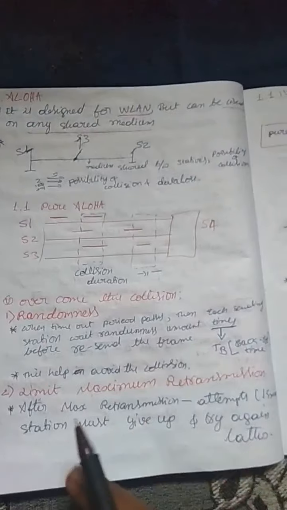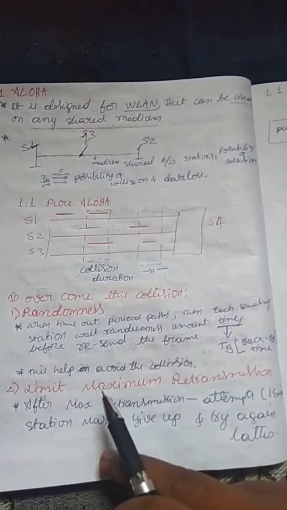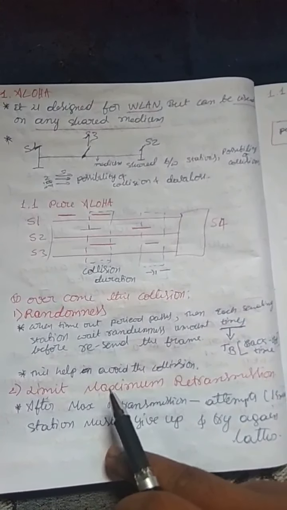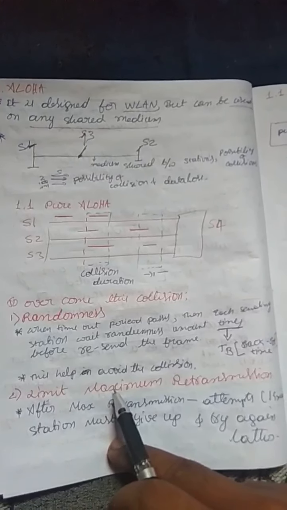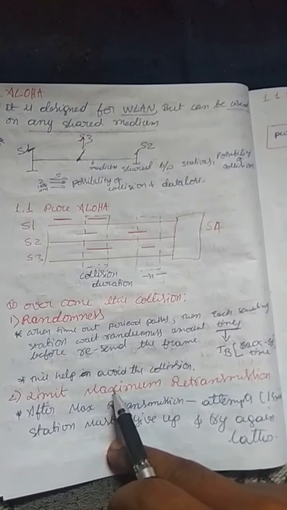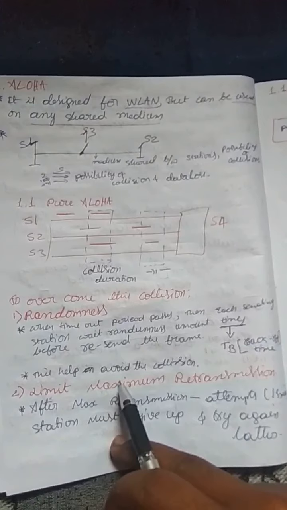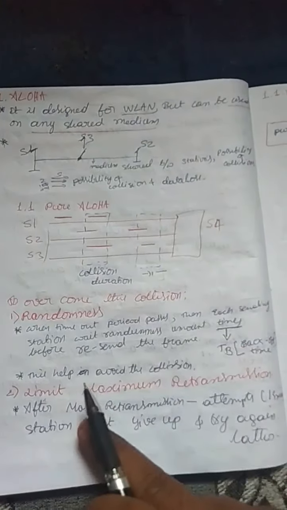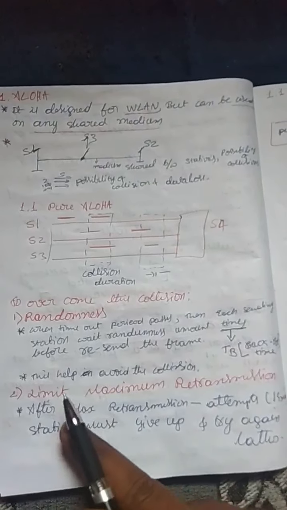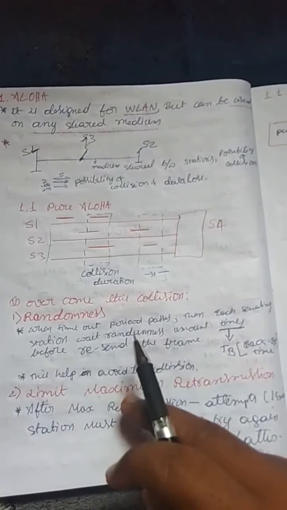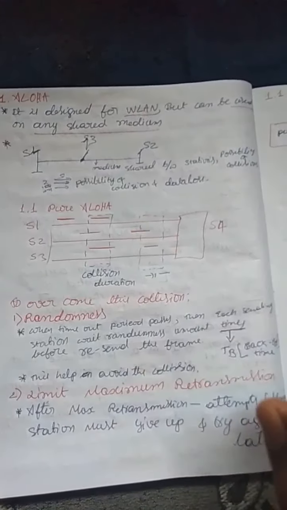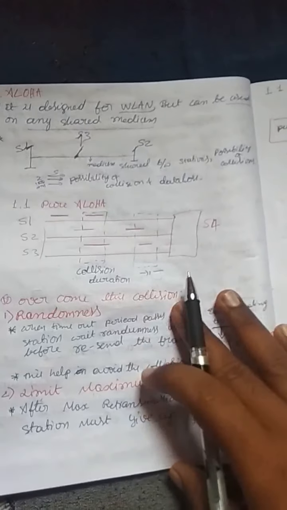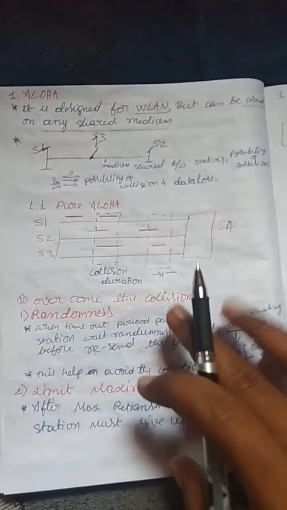Suppose you are calling one person on the phone and they are not picking up, so you leave it for 5 to 10 minutes and try again. That is the meaning of limit maximum retransmission. Okay, this is pure Aloha.